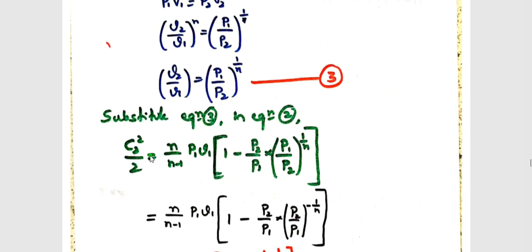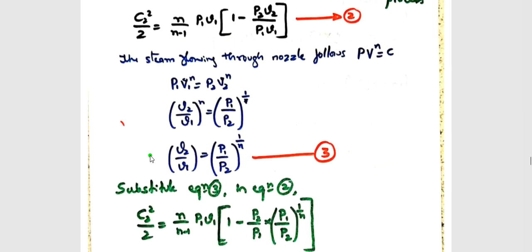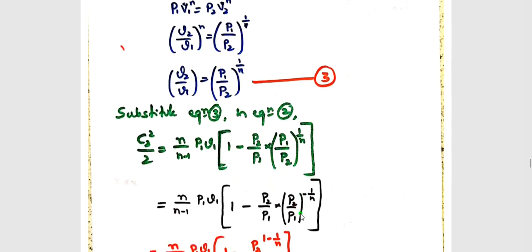Here C2 square by 2 as it is. This is equation number 2. Just see here, n by n minus 1 as it is, P1 V1 as it is, 1 minus the ratio of P2 by P1 as it is, into, in place of V2 by V1, I will substitute P1 by P2 to the power of 1 by n. Again, I need the pressure ratio only in terms of P2 by P1.